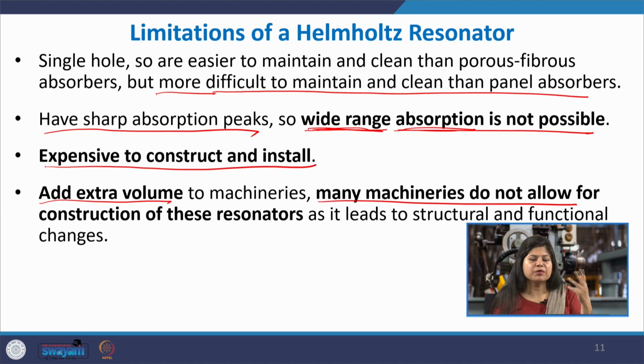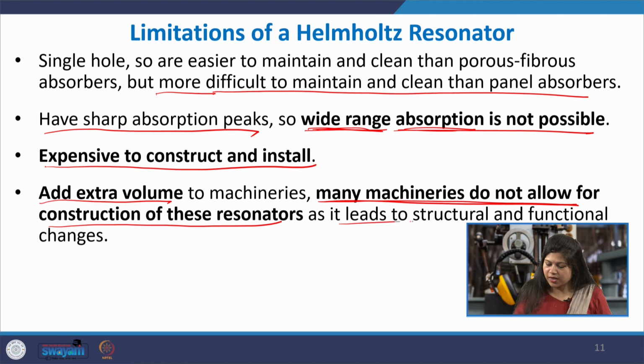The designer will not always allow you to add an extra volume and create some kind of protuberance which can act as a resonator. So, not every machinery design can allow for the construction of a Helmholtz resonator, again limiting their usage and giving installation difficulty.